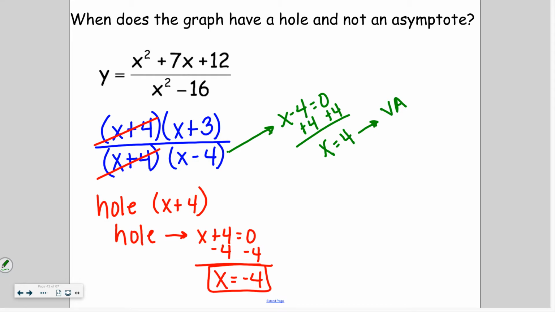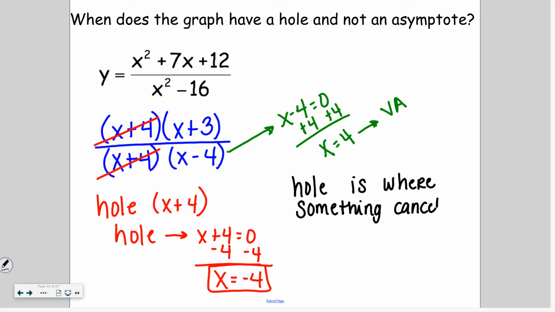So what you need to know is a hole is where something cancels. And you'll do just like anything else, you'll set it equal to 0 and solve.